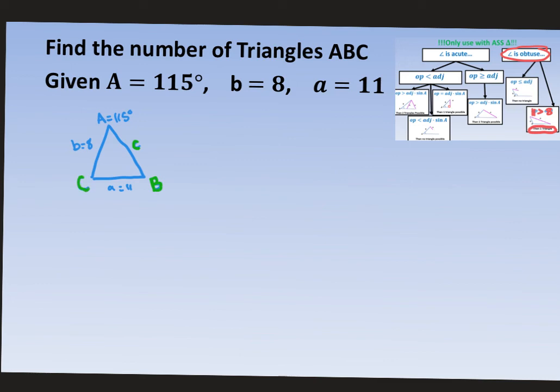Pretty much the exact same problem at this point, just different numbers. So we go sine 115 over 11 equals sine of big B over 8. We're going to use b because we know little b. We'll cross multiply, and we'll get sine of big B equals 8 times sine of 115 over 11.